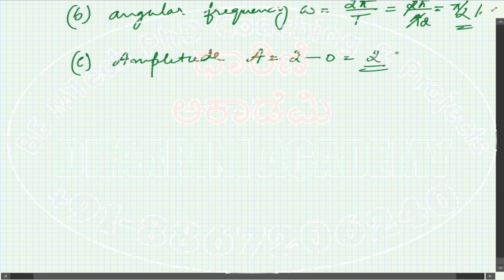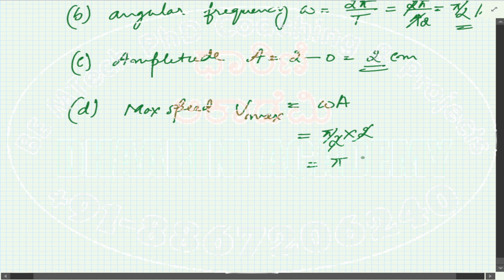Everything is measured in centimeters, so we write it in centimeters. Next, part D of the question, maximum speed. V max is equal to omega into A. So omega is pi by 2 into A is 2. The 2s cancel, so V max is pi, in centimeters per second.